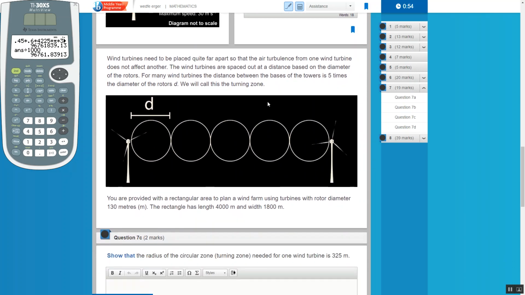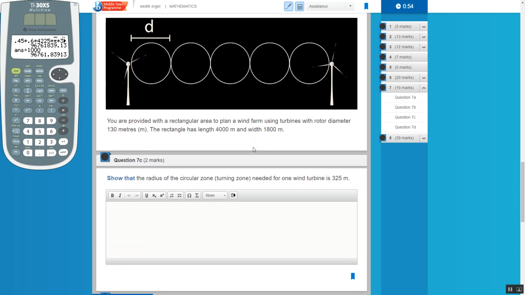Okay, wind turbines need to be placed quite far apart. This is the turning zone, 5 times the diameter of the rotors. Show that the radius of the circular zone needed for one turbine is 325.